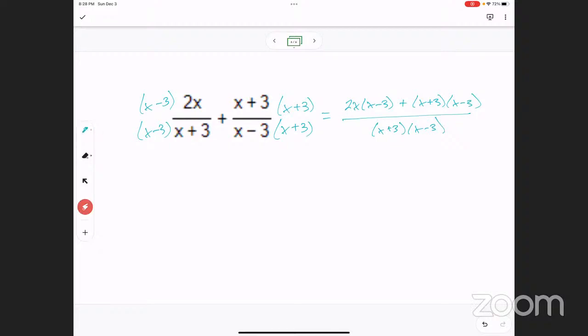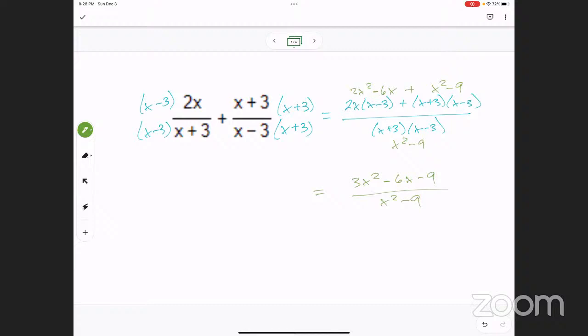Now you remember x plus 3 times x minus 3 just equals x squared minus 9. But wouldn't the x plus 3 and the x minus 3 cancel out? No, because this is being added to something up here. So you have to add it. So this is 2x squared minus 6x plus that. So really this is equal to 3x squared minus 6x minus 9 all over x squared minus 9.